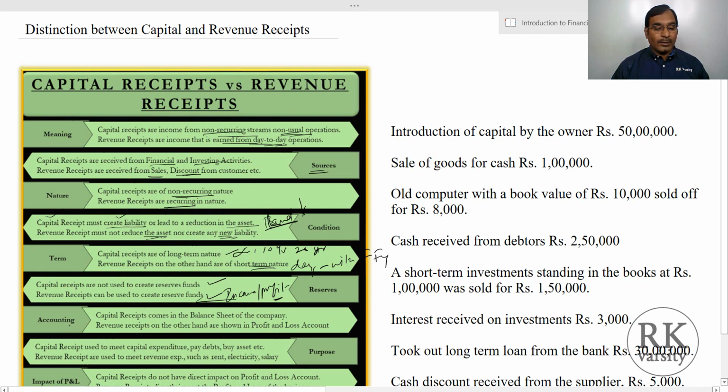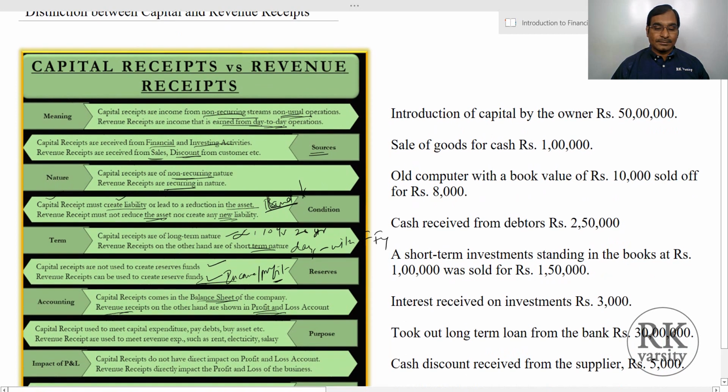Now, when it comes to accounting treatment, capital receipts come in the balance sheet of the company, whereas revenue receipts are shown in the profit and loss account. The purpose is very clear. A capital receipt is used to meet capital expenditure, that is procuring economic resources of a company like plant, equipment, machinery, patents, copyrights, investments, or paying debts.